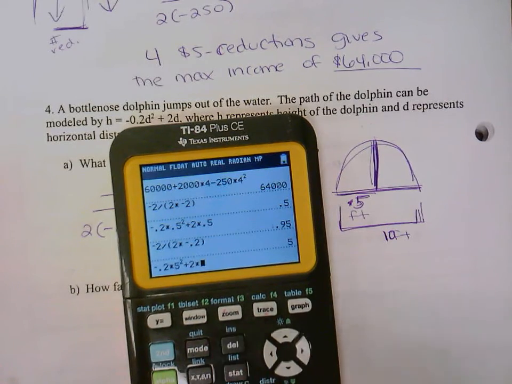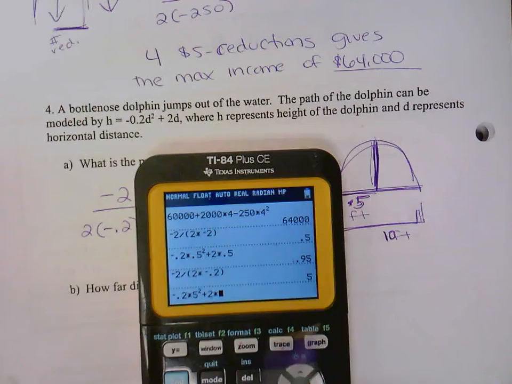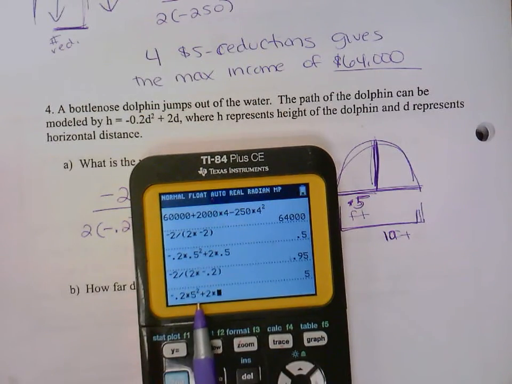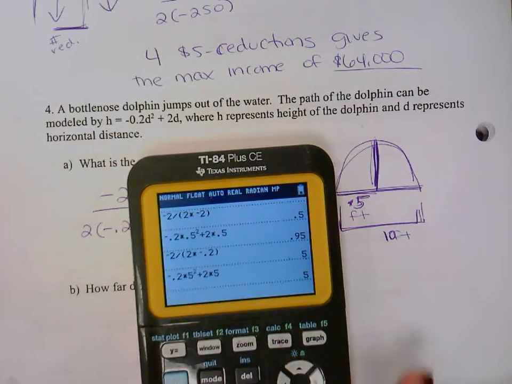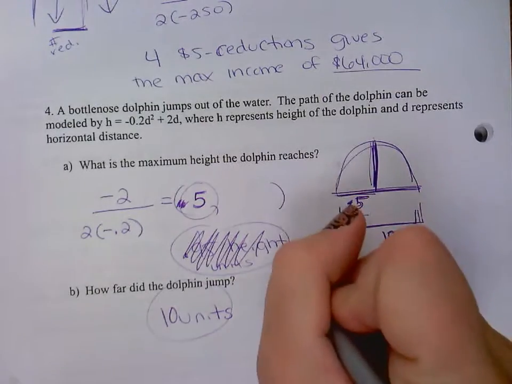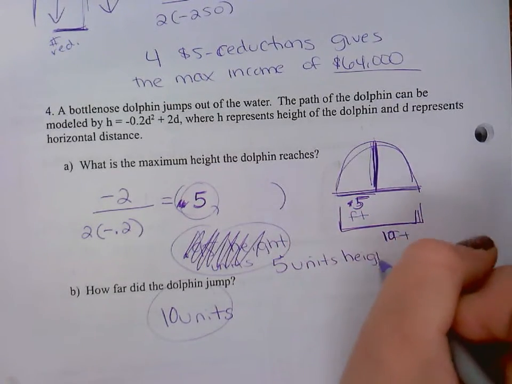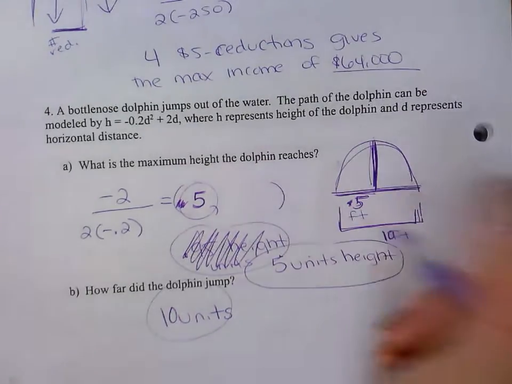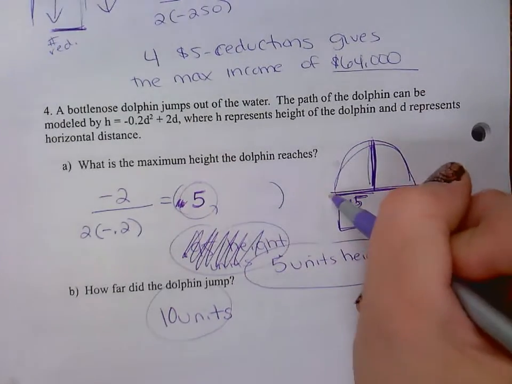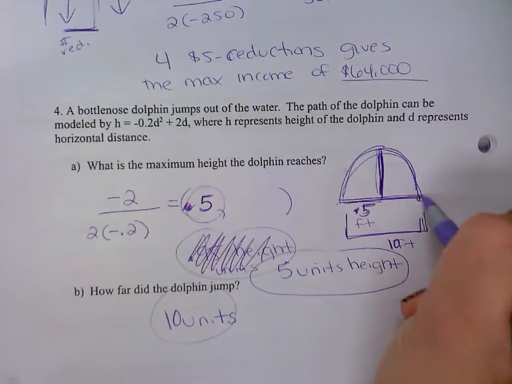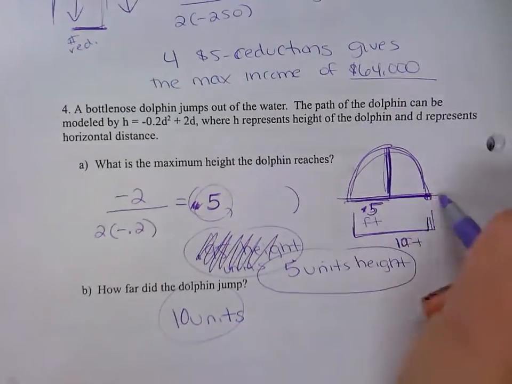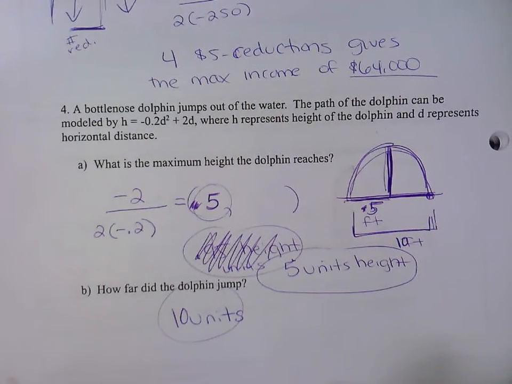So I should have negative 0.2 times 5 squared plus 2 times 5. So the height actually was 5 units of height. That seems a little bit more reasonable. If it's 5 feet, the dolphin's jumping out of the air 5 feet and then landing in the water, and he's jumping about a horizontal distance of 10 feet. Always pays to check your calculator and your answer.